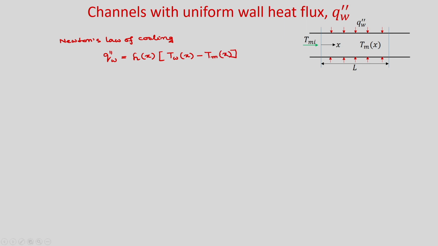In this case, when we consider internal flows, you cannot take T infinity or T inlet as the reference temperature while calculating the heat transfer coefficient or the Nusselt number. Here we will consider the bulk mean temperature at any cross section.